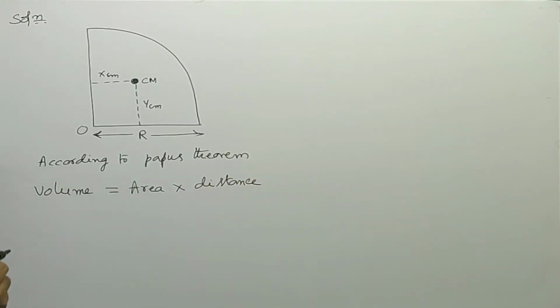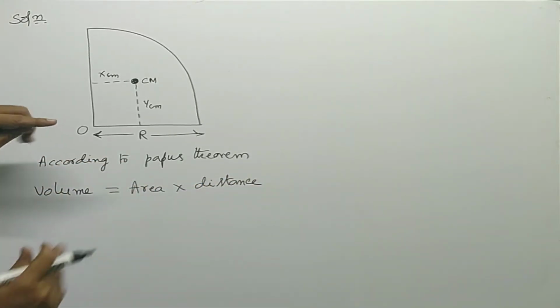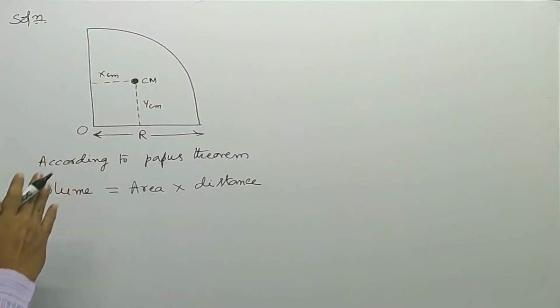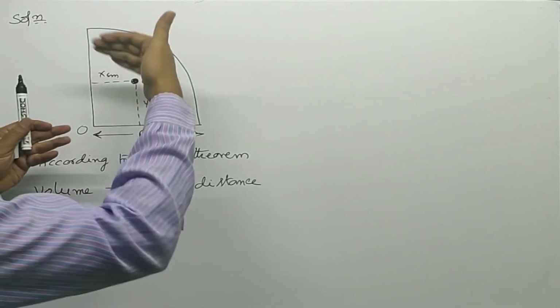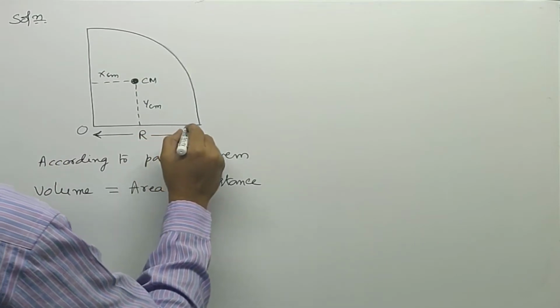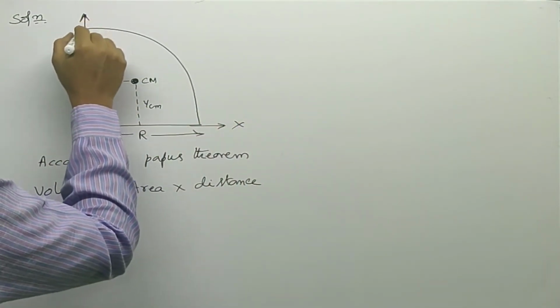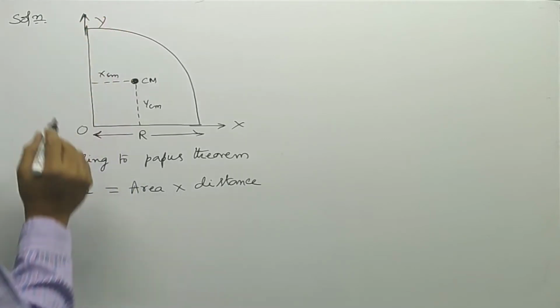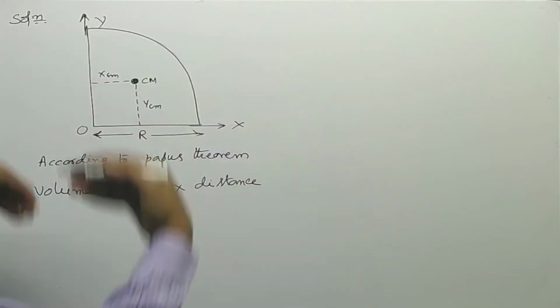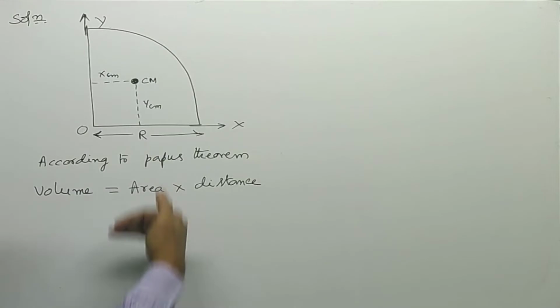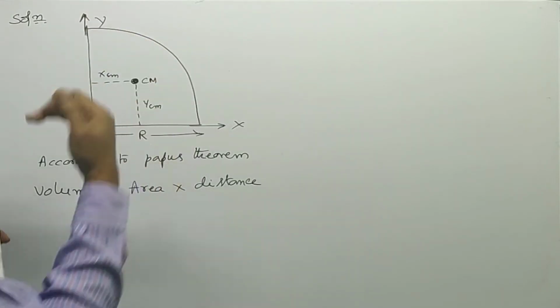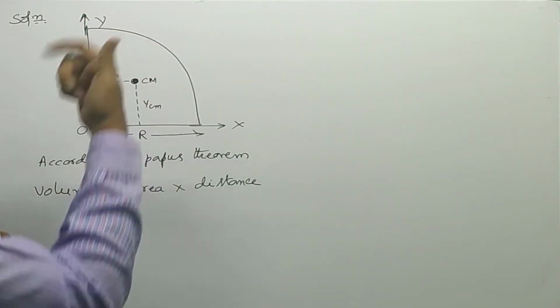This is according to Pappus theorem. When the given diagram is rotated, let us imagine that this is the x-axis and this is the y-axis. So, about the x-axis, if the given part is rotated once about the x-axis, volume covered.